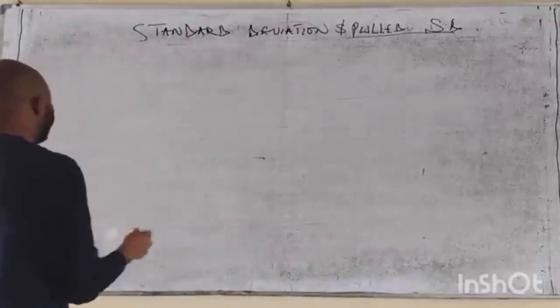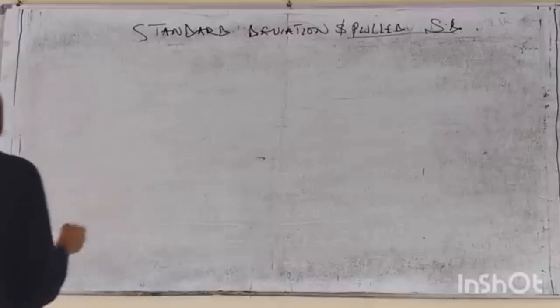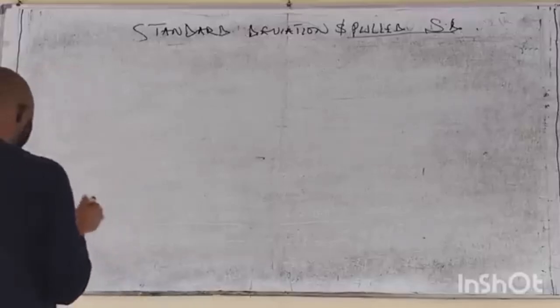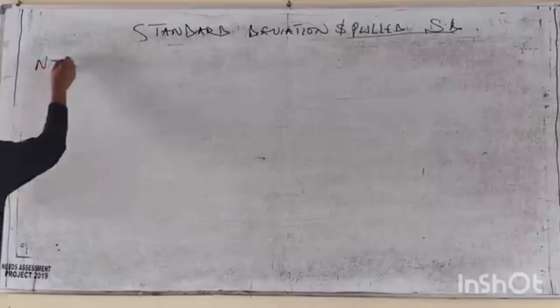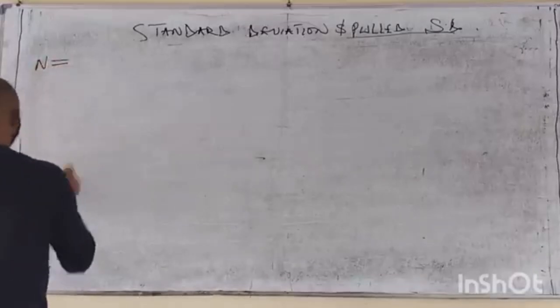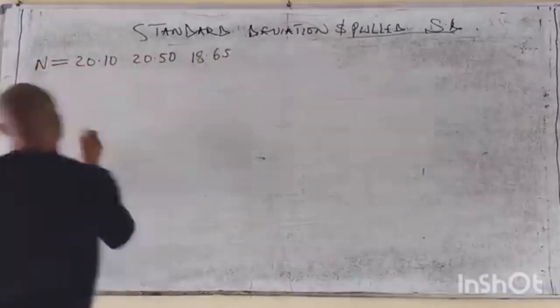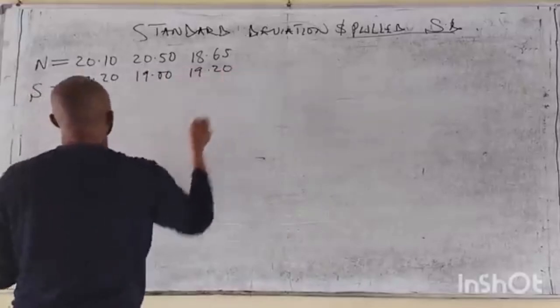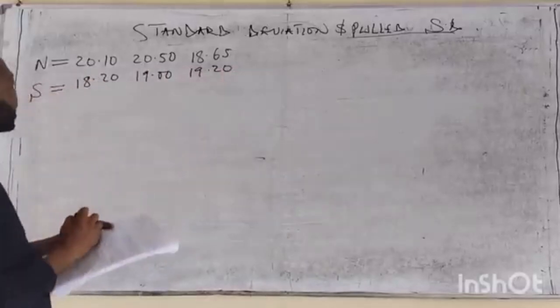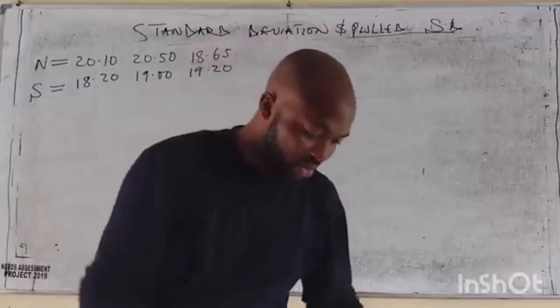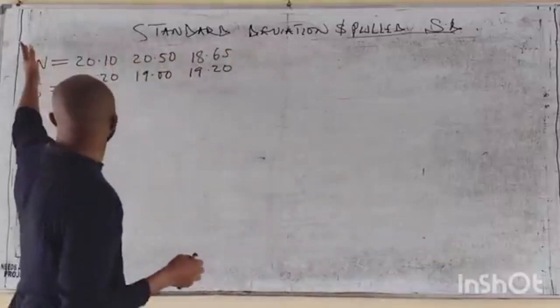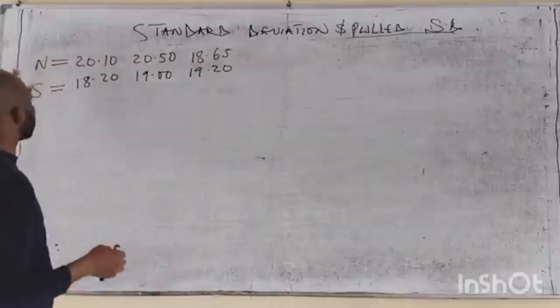Let's call it N for new method and S for standard. So we want to get the pooled standard deviation of the two, the new method and the standard method.